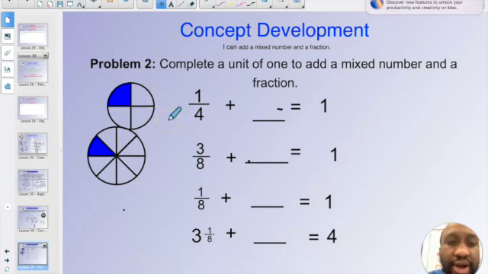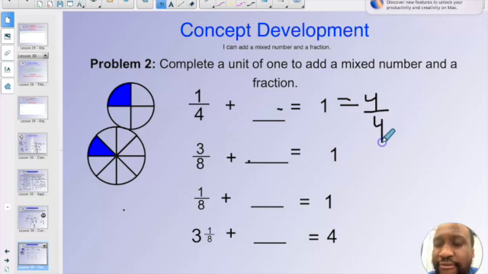What I'm trying to figure out is how many fourths it will take to make a whole. We know that 1 whole in fourths is equal to 4 over 4, or 4 fourths. 4/4 is equal to 1 whole. So in essence, I'm trying to figure out how many fourths it will take to make 4/4, which is equivalent to 1 whole. I have 1/4 shaded.